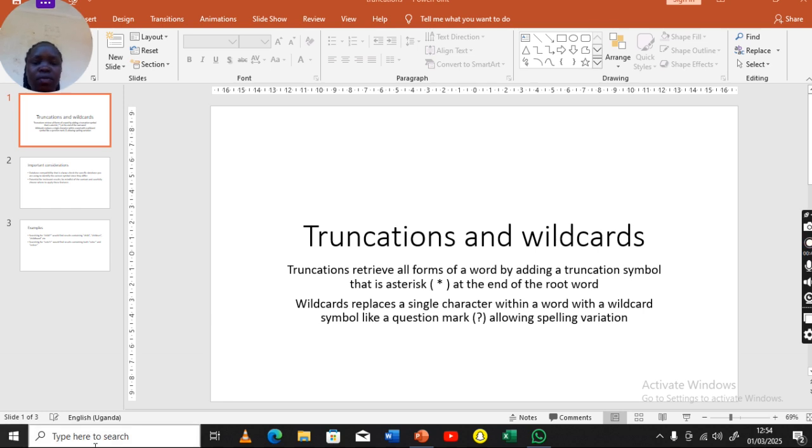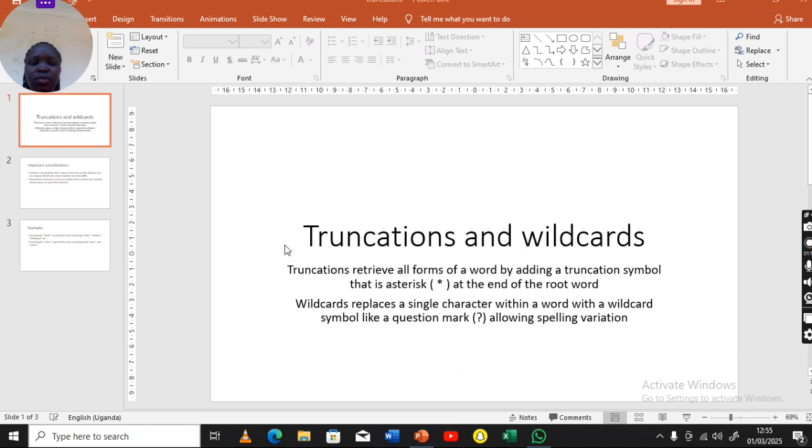And we say that truncations basically help us to retrieve all forms of a word by adding a truncation symbol, that is the asterisk, this symbol here at the end of the root word. And wildcards replace a single character within a word with a wildcard symbol, like a question mark, allowing spelling variations.